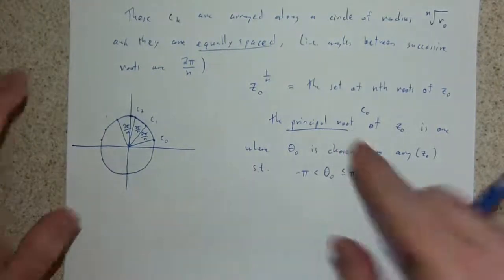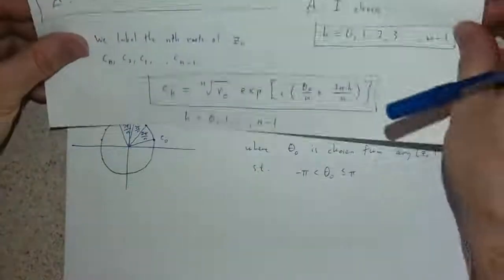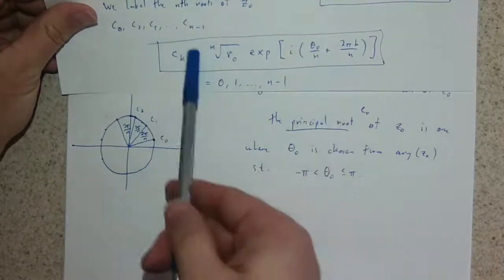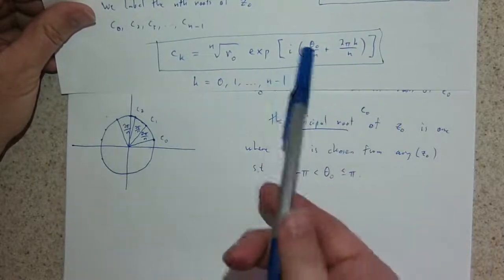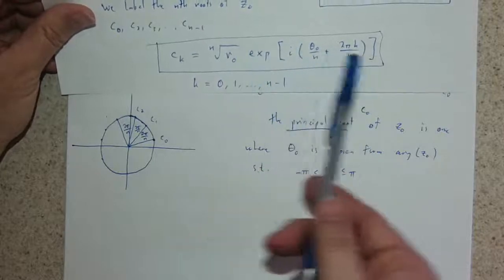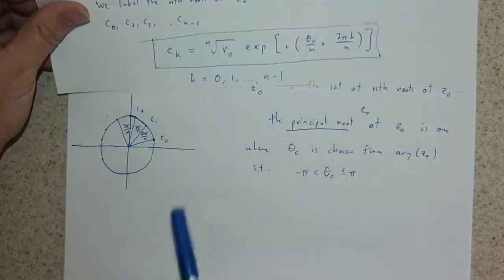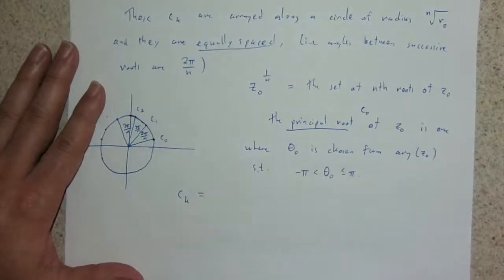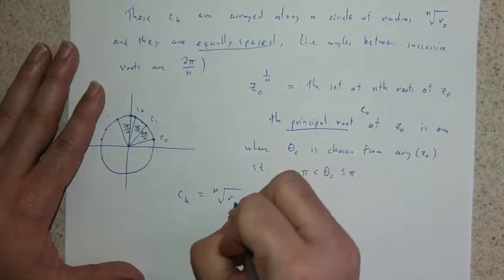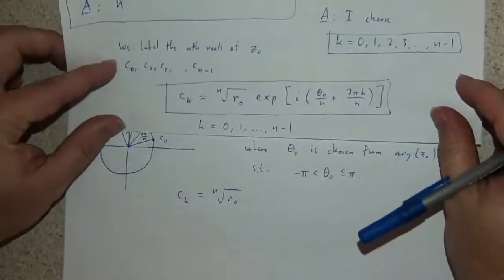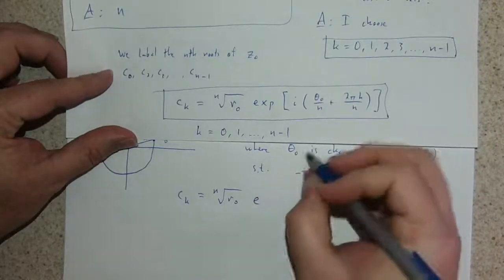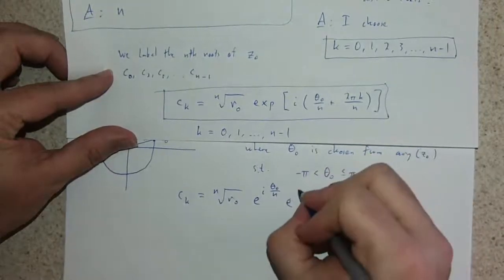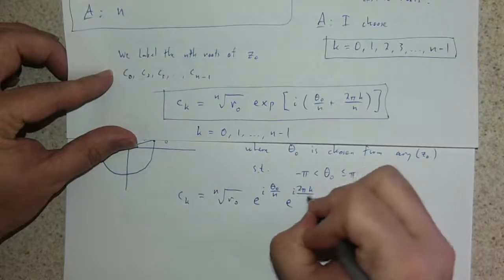Okay, and so going back here, this is my expression for these roots, C sub k. I'm going to write this in a slightly different way. Namely, I'm going to break this up using the exponential rules, splitting it into two exponential terms, and you'll see why we're going to do that a little bit later. So C sub k is the nth root of r0 times e to the i theta naught over n times e to the i 2 pi k over n.